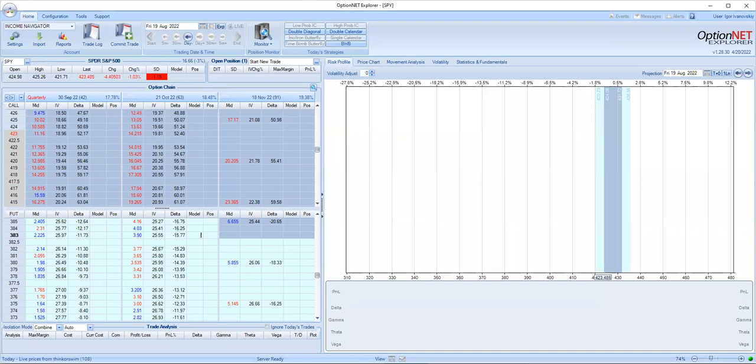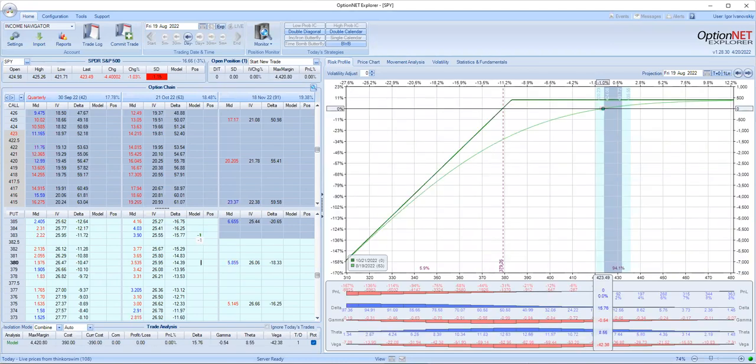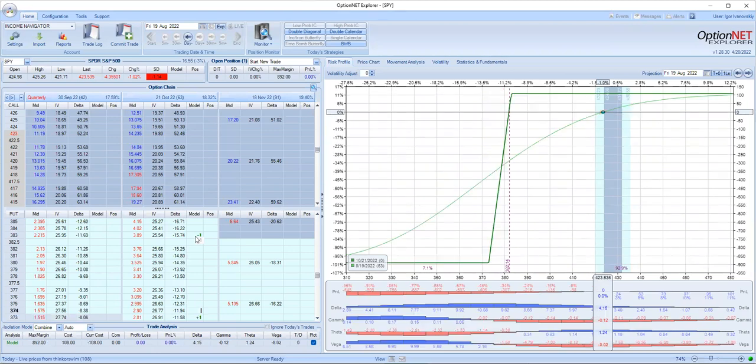If we sold a 383 and we bought a 373, that's a 10-point wide spread. Right, we don't get the $1.50, we get $1.08, and that has something to do with the way implied volatility is to the downside. It's not exact science, but we can get pretty close, right?